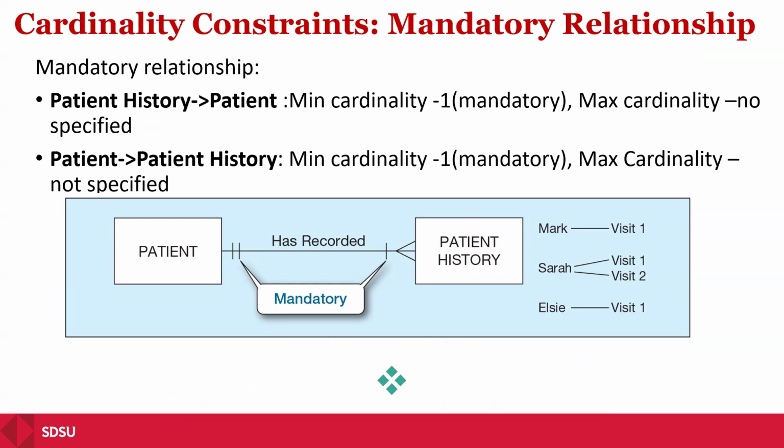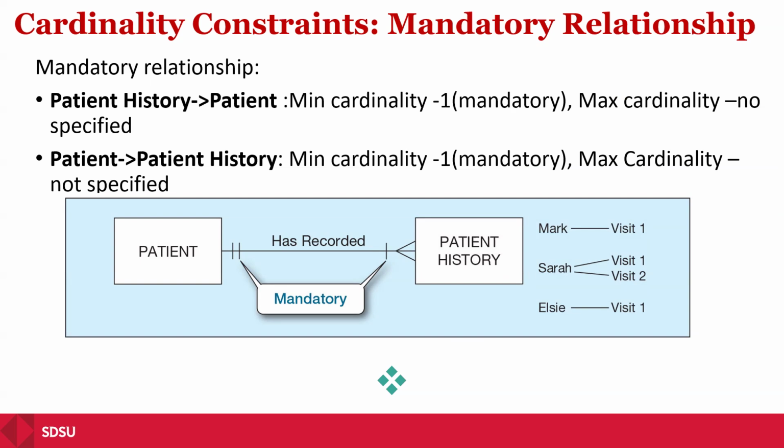So here we have an example of a mandatory relationship. So patient history to patient. The minimum cardinality is 1, the relationship is mandatory, and max cardinality is not specified. The relationship between patient and patient history is also mandatory because minimum cardinality is 1.